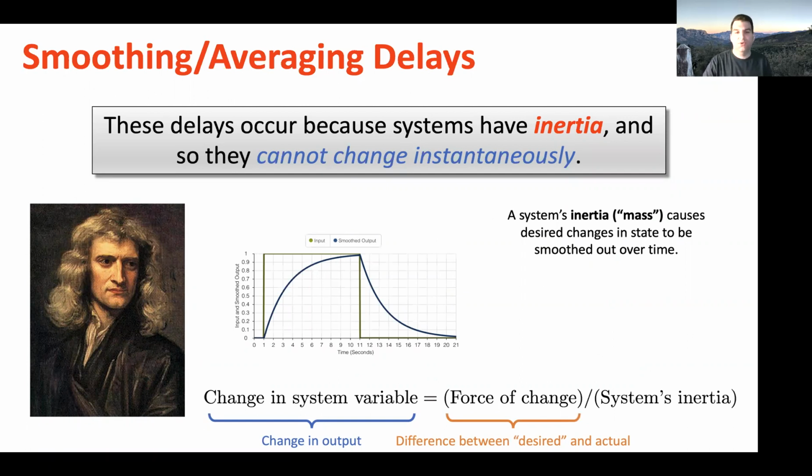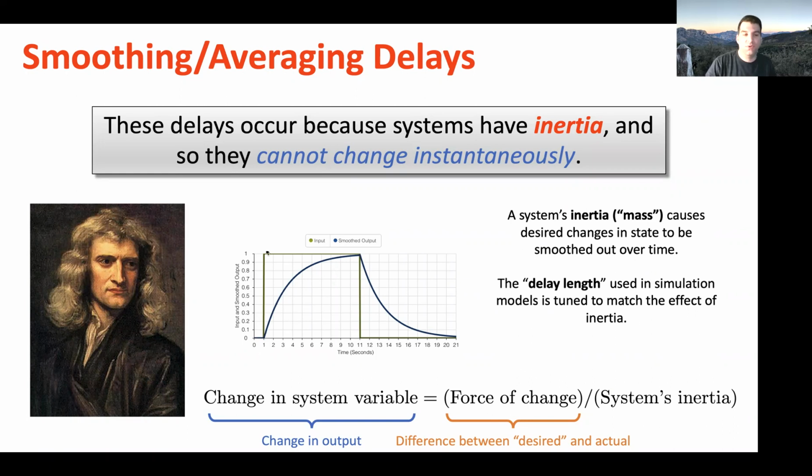So a system's inertia or mass causes desired changes, this is the green line, to be smoothed out over time by a certain amount, which we can characterize by inertia. And the delay length used in our simulation is tuned to match the effect of a system's inertia. So we choose the delay length so that we get the proper input-output balance between our requested change and how long it takes for the actual change to happen.